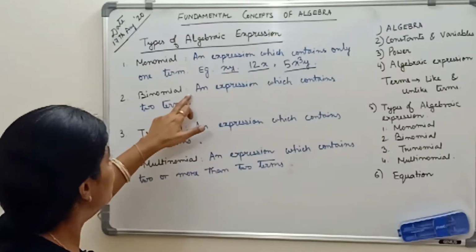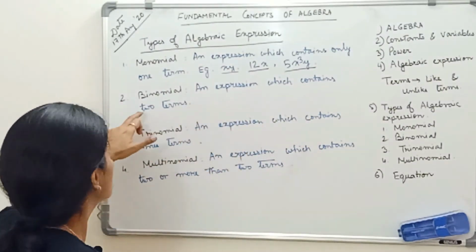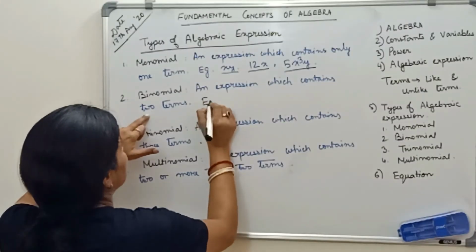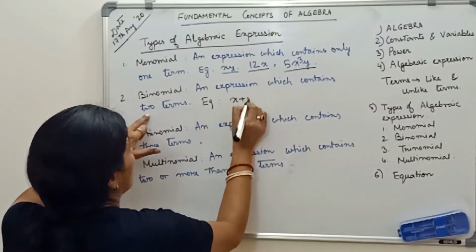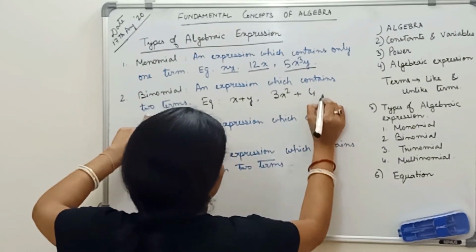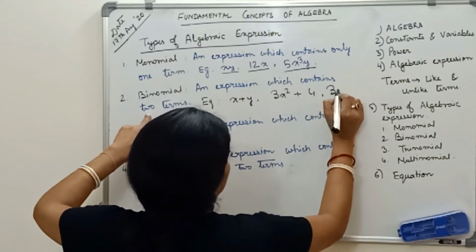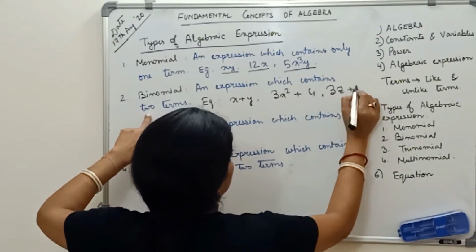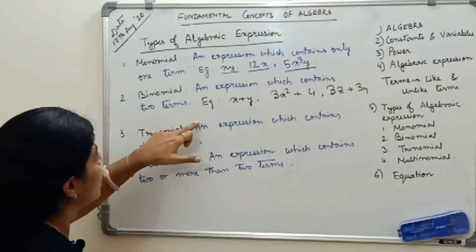And what is binomial? An expression which contains two terms. Example, x plus y, there are two terms, then 3x square plus 4, then suppose 3z plus 3y. So these all are binomial.